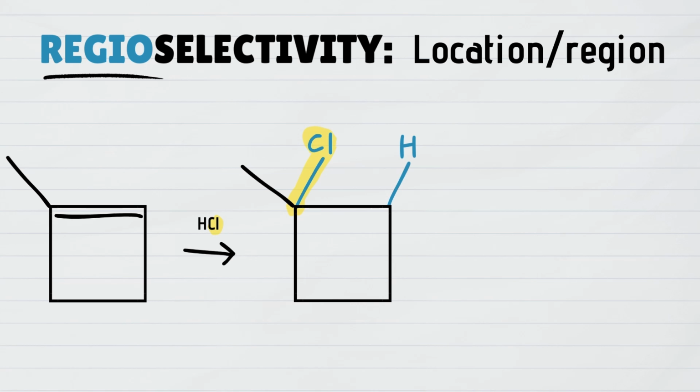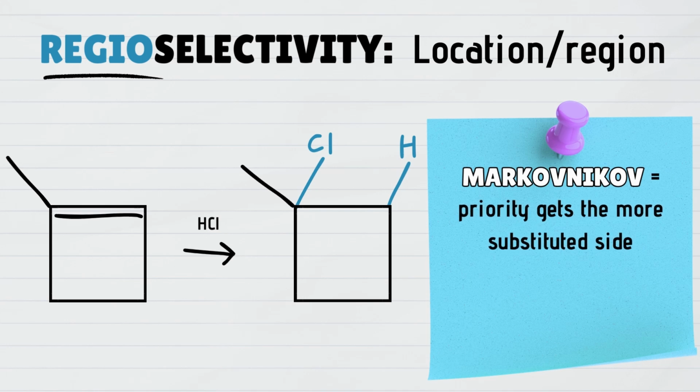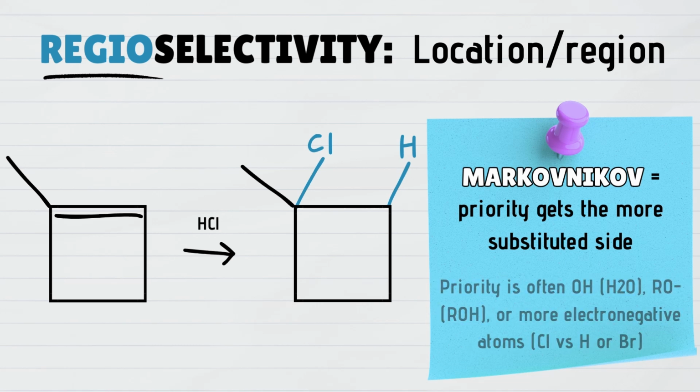So let's see what the regioselectivity is called. A reaction is Markovnikov if the priority atom gets the more substituted side of the double bond. That would be the more stable side, essentially the good side of the double bond. Now, this priority is often something like OH, like if you had water present, an alkoxide group, for example, a carbon and oxygen added on from an alcohol, or a more electronegative atom.